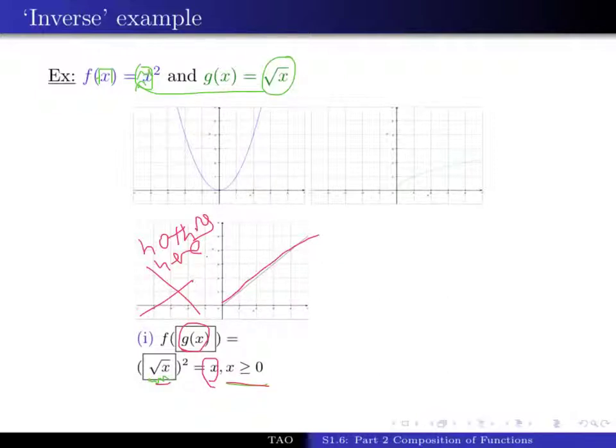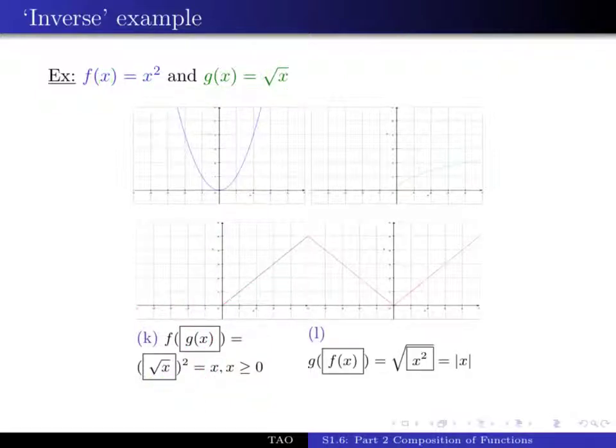What happens if we do it the other way? Now, x squared is perfectly well defined on both the positive and the negative. So we only have to worry about if the thing under the square root ever goes negative. But if we look at our function, f is always greater than or equal to 0.